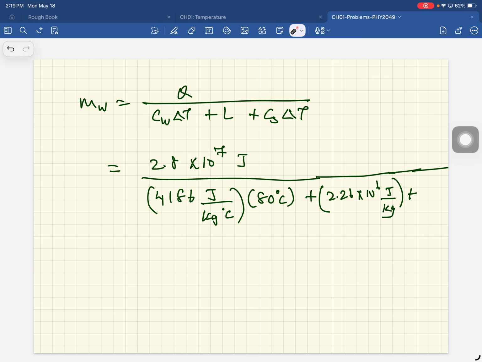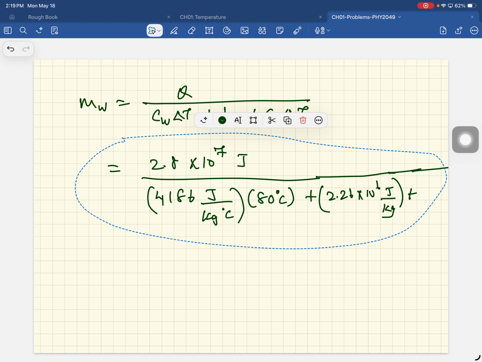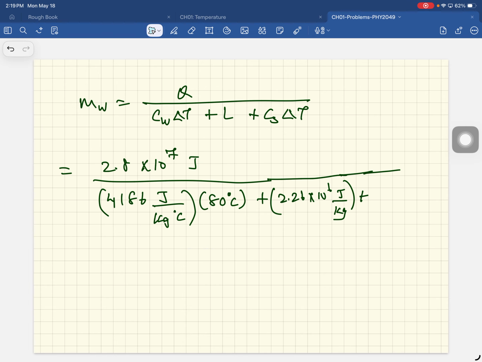So the mass of the ice shelf was that. 1,000 kgs is roughly this much water. So that's 1 trillion small cars.